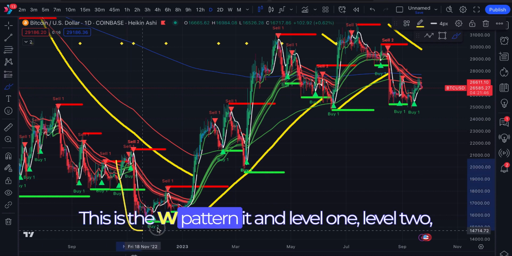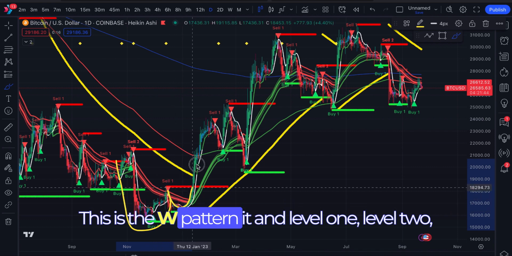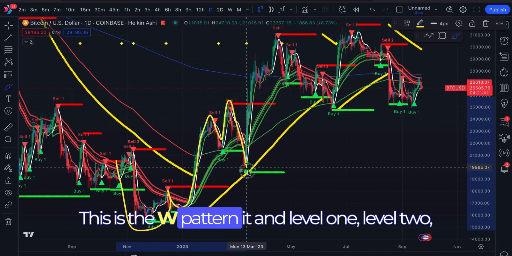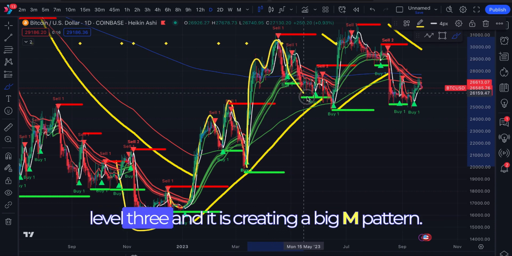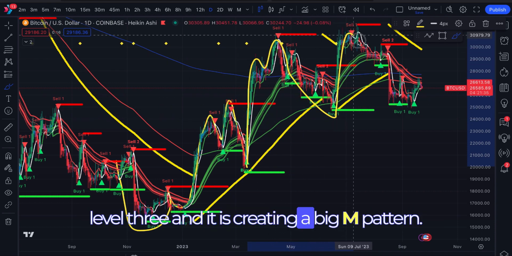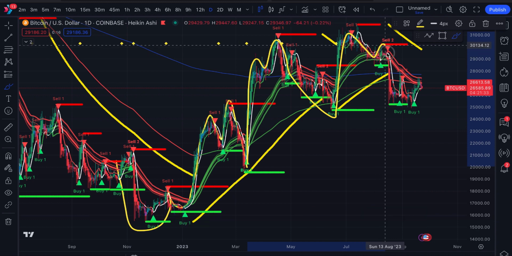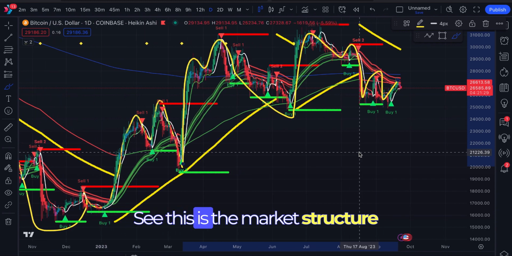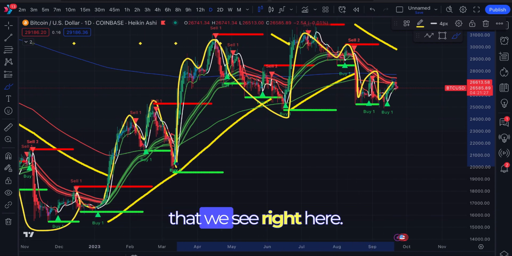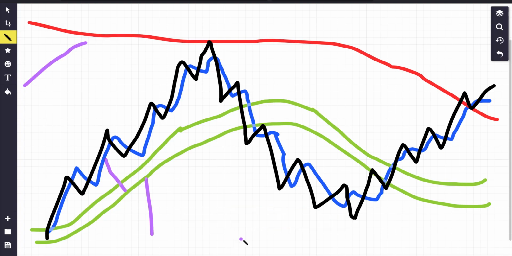This is the W pattern. And level 1, level 2, level 3, and it is creating a big M pattern. See, this is the market structure that we see right here.